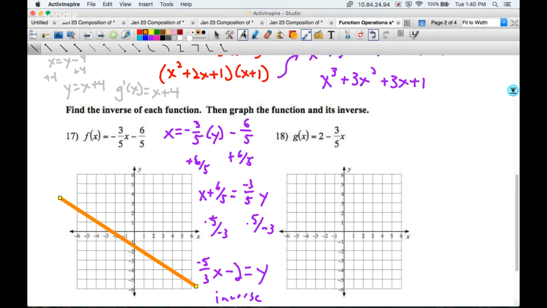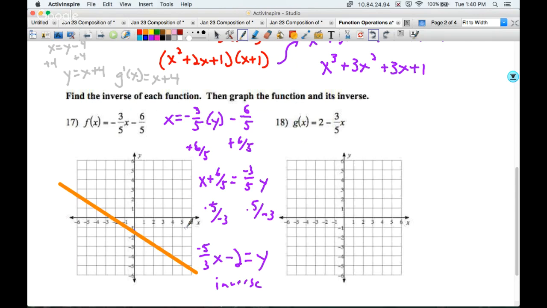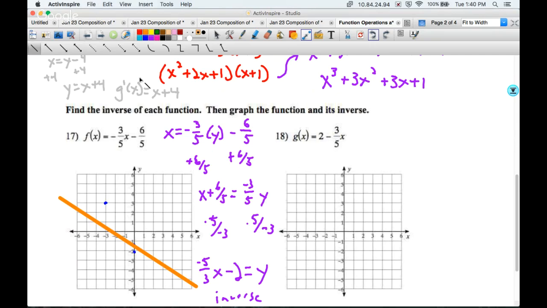Okay, and we've got our original, or our inverse. We're starting at negative 2, goes down 5. Oh, we can't go down 5. Let's try going up 5, backwards 3. Connect those with the line.